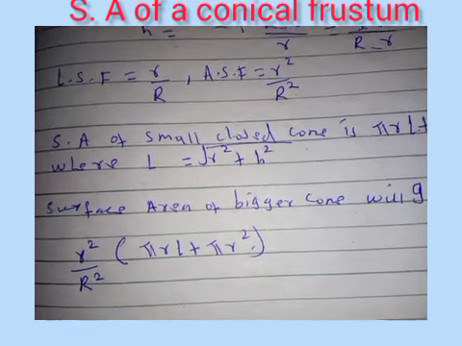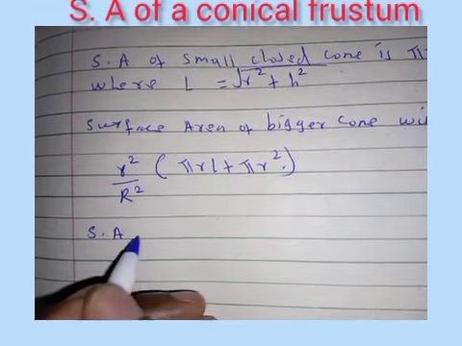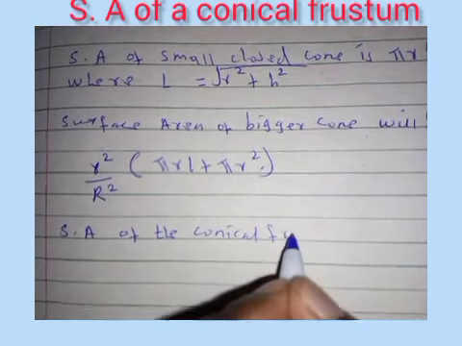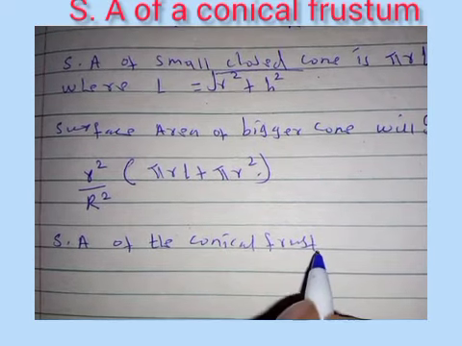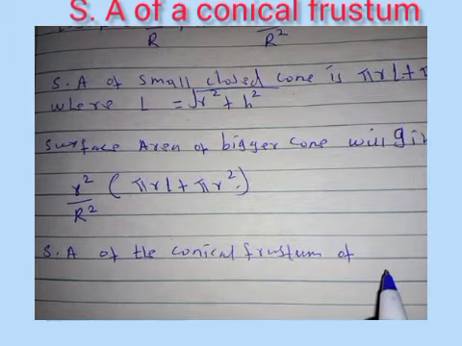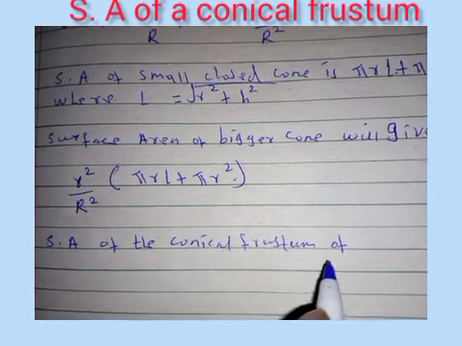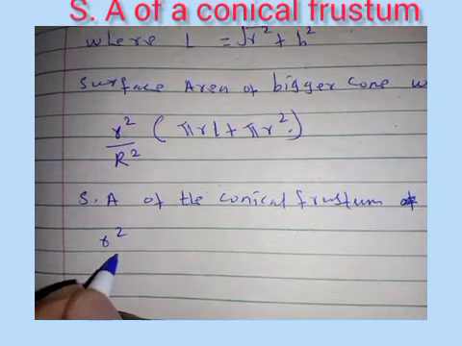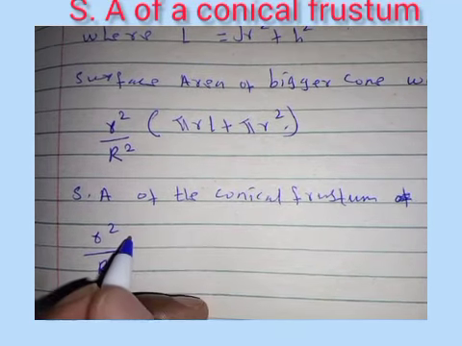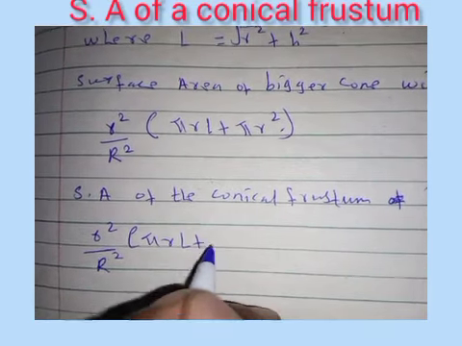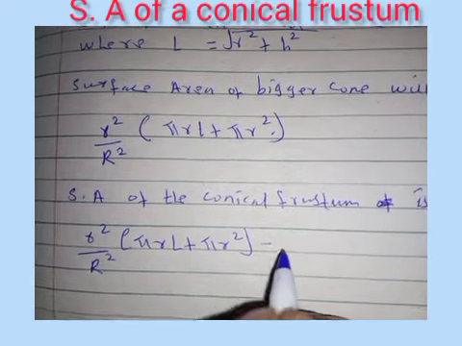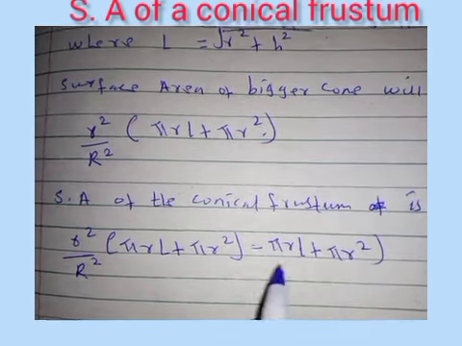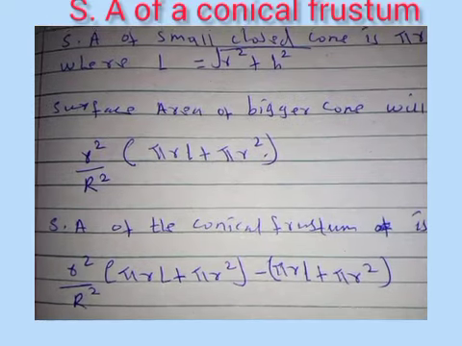So the surface area of the conical frustum will be given by R squared divided by r squared into bracket pi r L plus pi r squared, minus pi r l plus pi r squared. So that is how you obtain the surface area of the conical frustum.